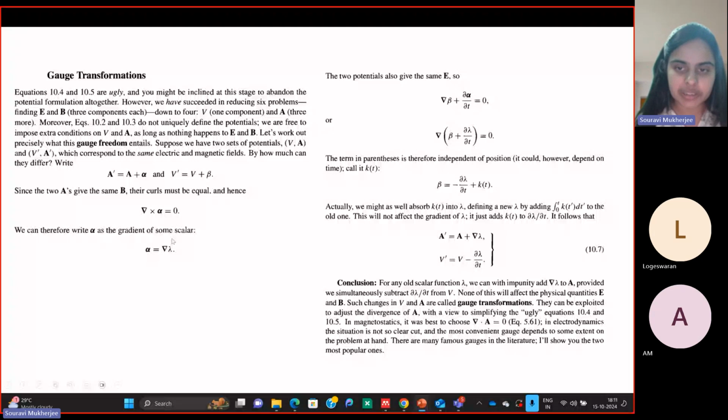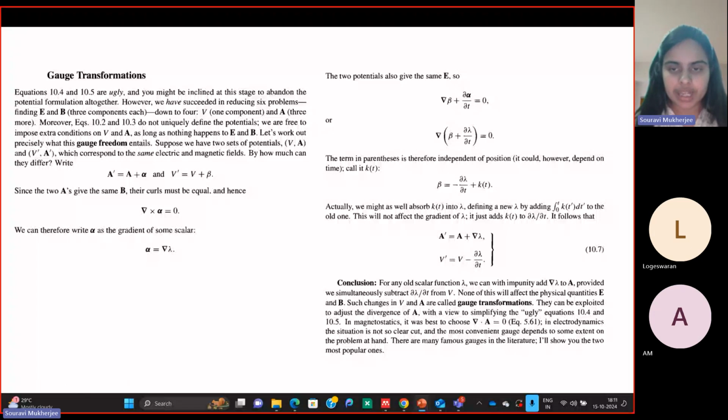And if we do such a transformation, so if the initial vector potential and scalar potential were A and V, and if we add certain terms which are of this form, we can get to new vector and scalar potentials such that our physical quantities or the field intensities remain identical. So this is allowed. This does not change the physical situation.